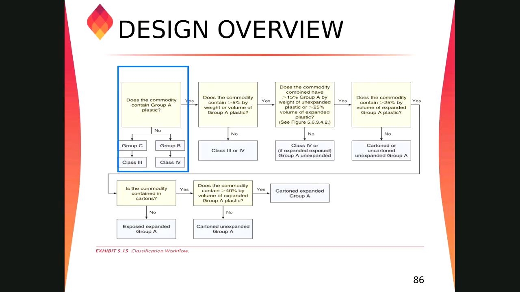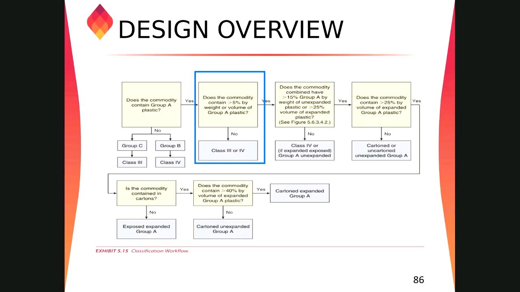And if your product contains only 5% of the group A plastics, we can keep 5% of the group A plastics in class 3 or class 4 commodities, the one we discussed in the graph previously. Do you remember the graph, right?